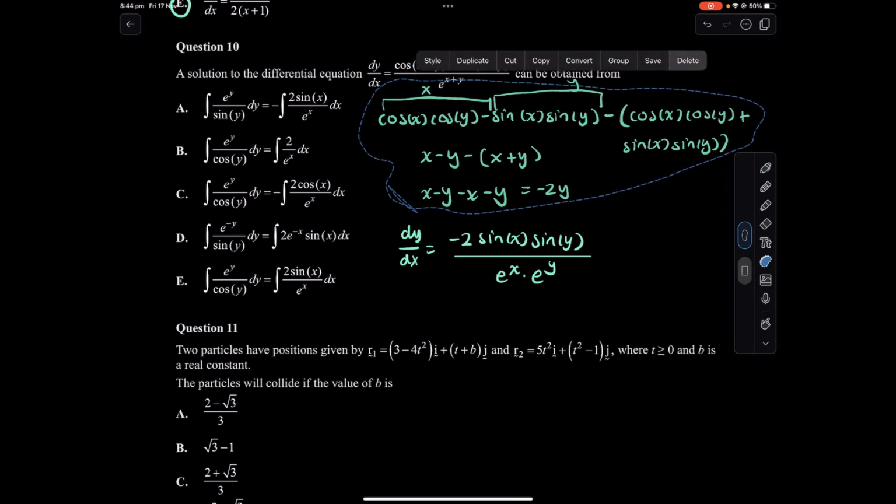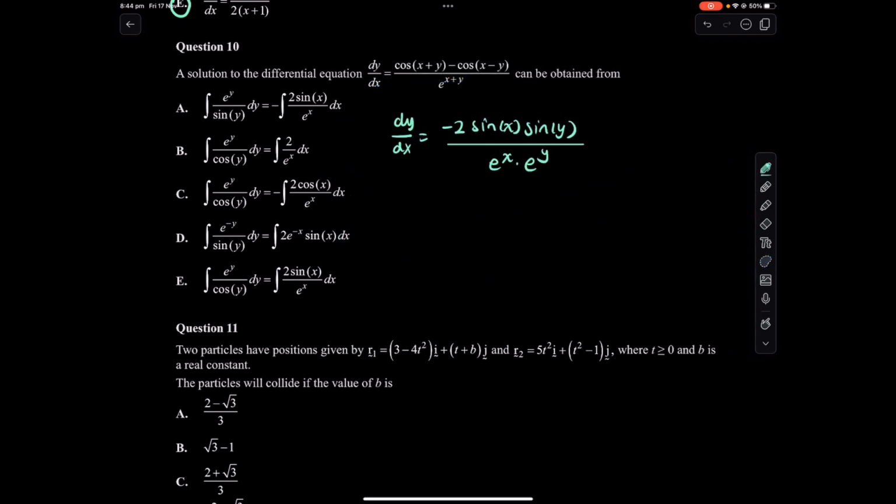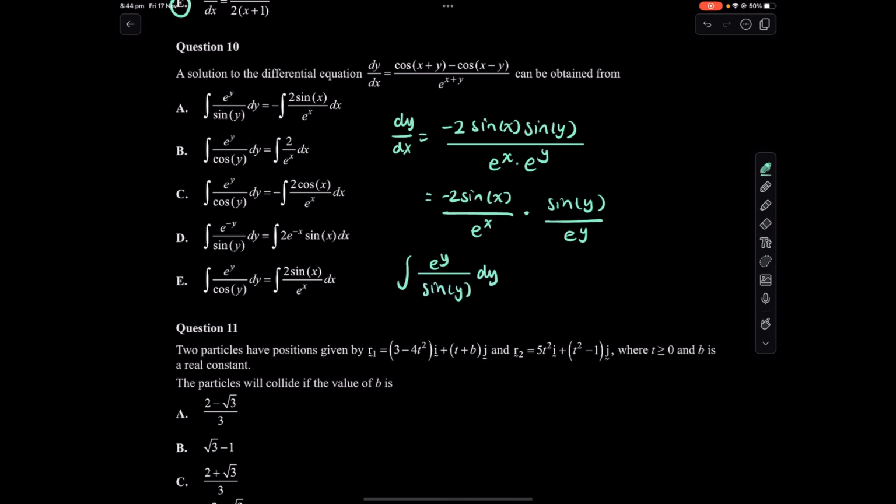Let's delete those. Now let's have a look here. We're going to have to use separation of variables here. So if I write this over here as e to the x multiplied by sine of y, I can use separation of variables, so the integral of the inverse of this, which will be just e to the y over sine of y dy, is the integral of negative 2 sine of x over e to the x dx.